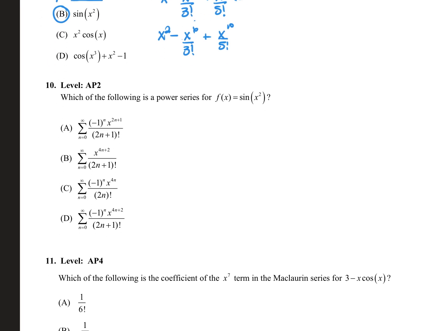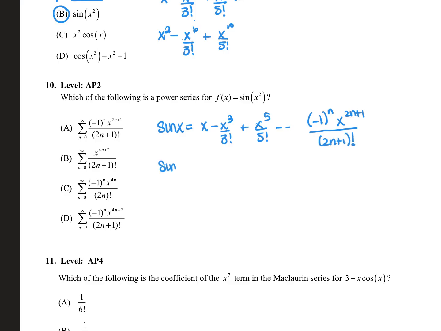Which of the following is the power series for sine x squared? First start with the power series for sine. Those are your odds. And our general term for sine is -1 to the n, x to the 2n plus 1, because remember it's the odds, over 2n plus 1 factorial.